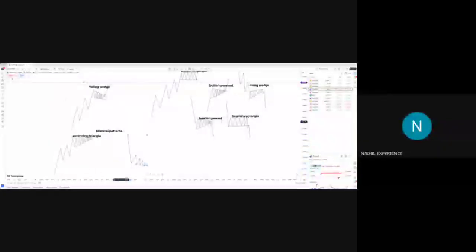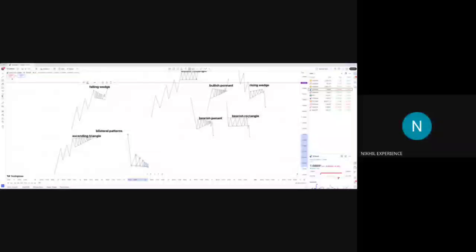In this case, we still don't know if price is going to break out to the upside or to the downside.